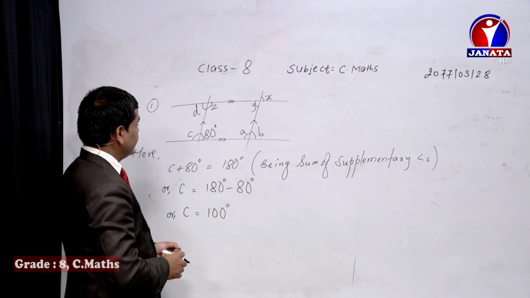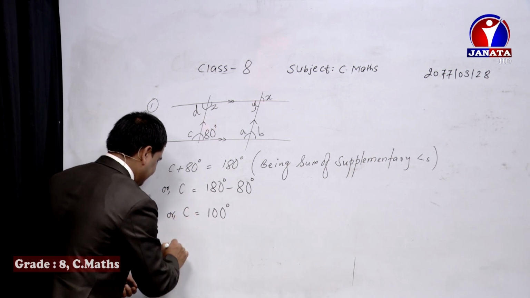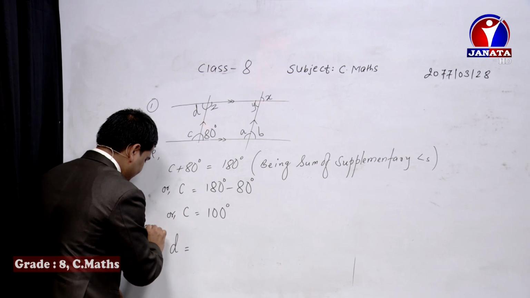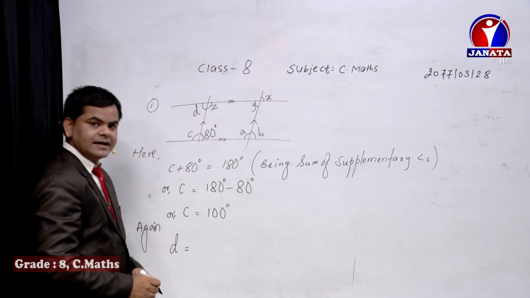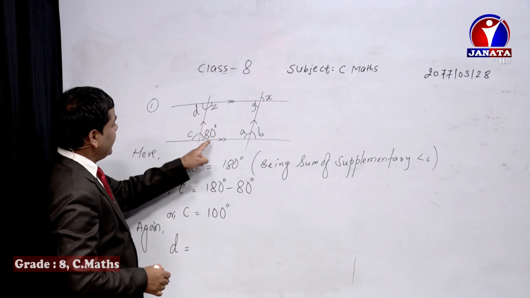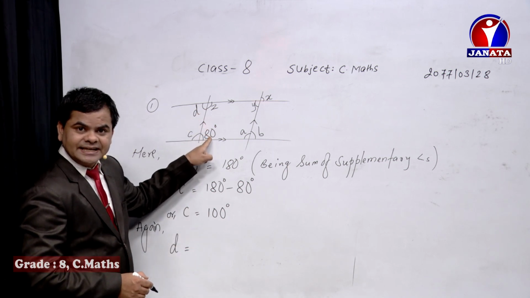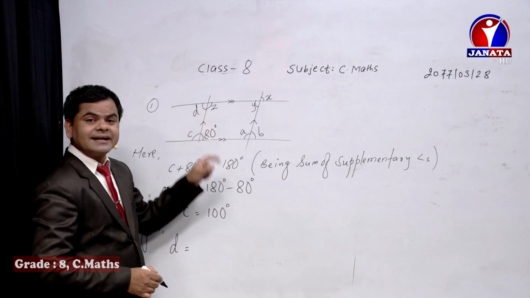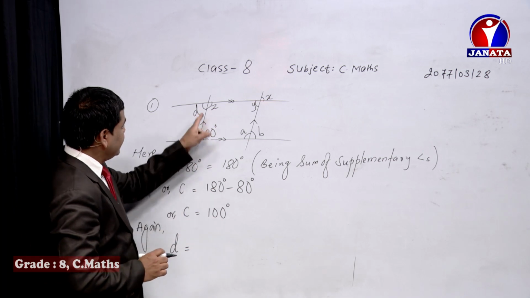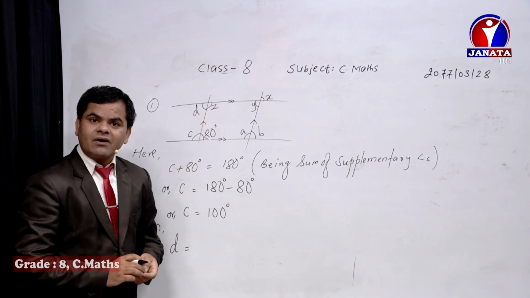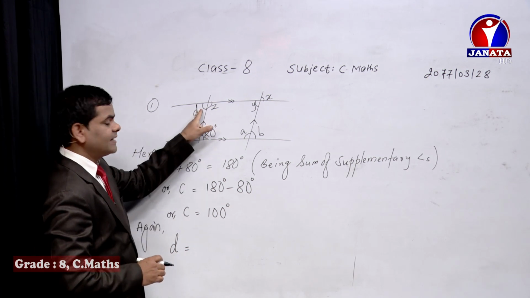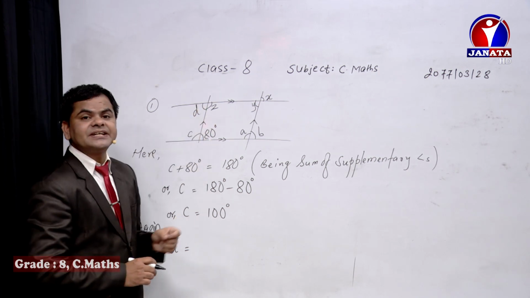Now, dear student, can you find the value of D? D equals to, let's write it right here. And then let's clarify about D. D and 80 degree, what's the relationship between D and 80 degree? D and 80 degree are interior alternate angles because one is on the right hand side, another is on the left hand side, and both are interior, isn't it?